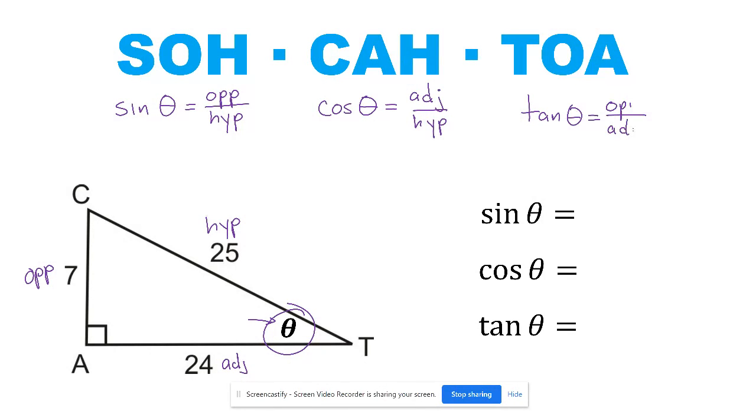Why this is important or useful is because for any angle, no matter how big your triangle is, if you have an angle that is a certain measurement, the sine, the cosine, and the tangent of that angle will always be the same. That can be helpful because sometimes you don't know the angle, but you do know the measurements of the sides.